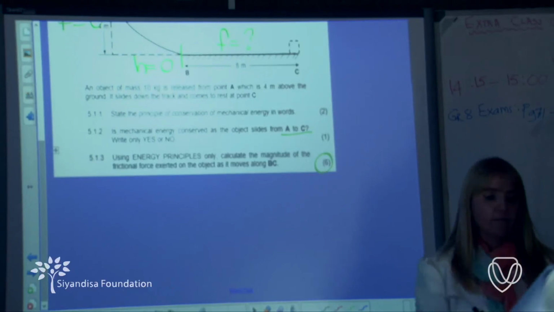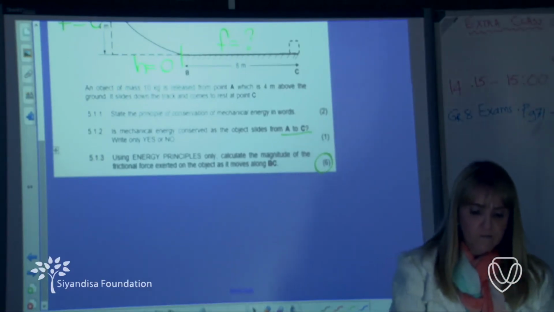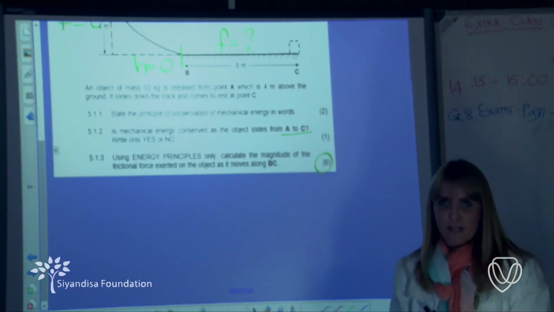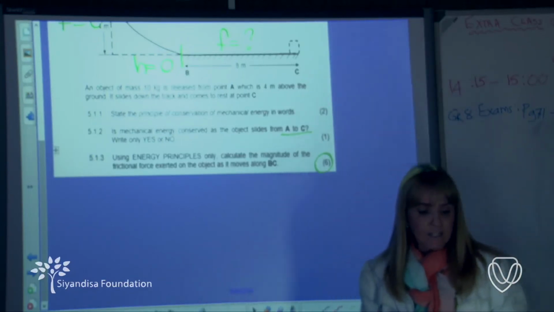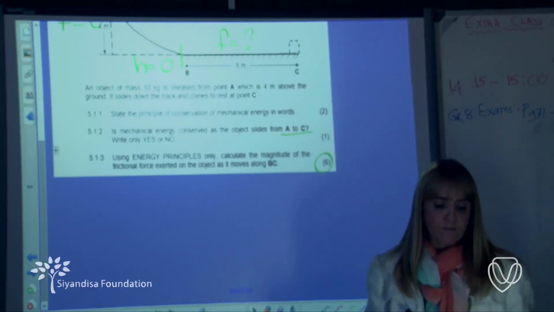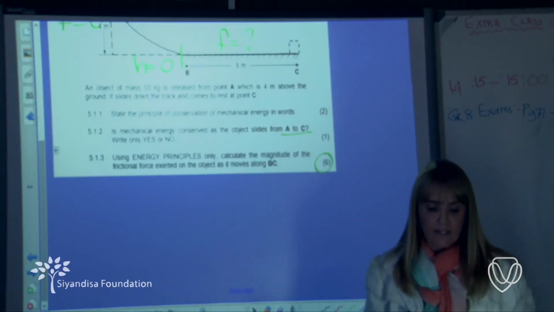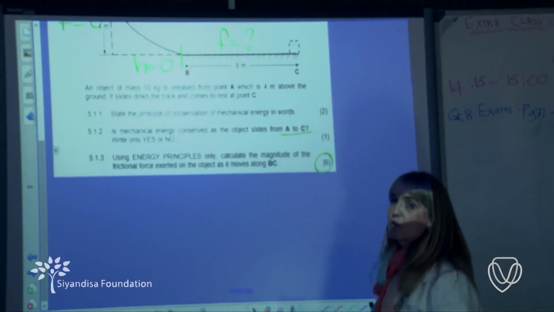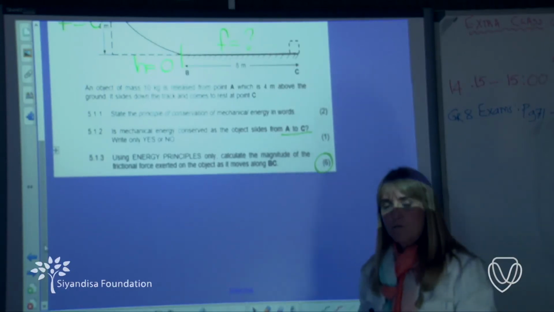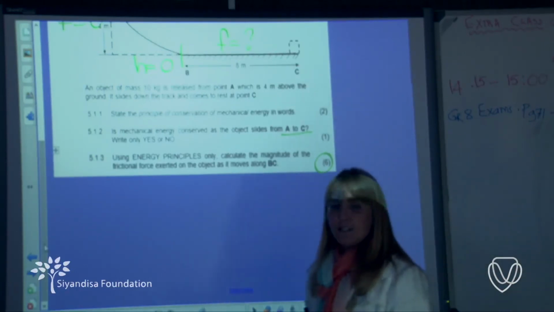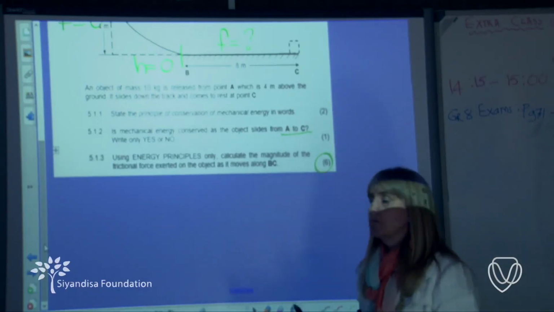But if you look at the work, energy, and power section of your data sheet, you're given the equation for kinetic energy and you're given the equation for potential energy. But you're not given for conservation of mechanical energy. Why not? Because it comes from the law. You should be able to state the equation from the law.